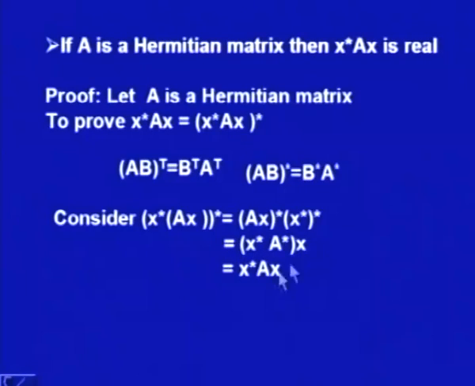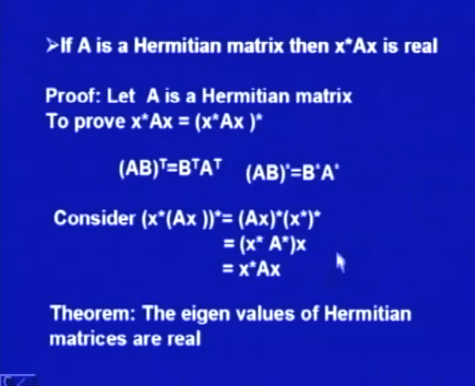Then this is nothing but x star Ax, because this multiplication is associative, so these brackets don't have any meaning. So we have proved that (x star Ax) star is equal to x star Ax, and this is possible only when this number is a real number. So we have proved that if A is a Hermitian matrix, then x star Ax is real.